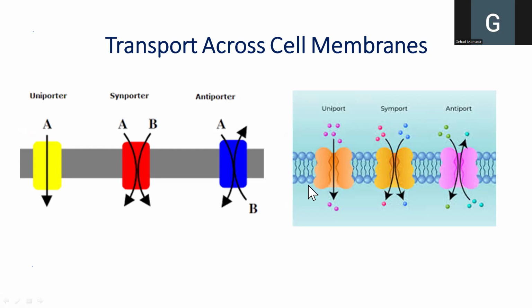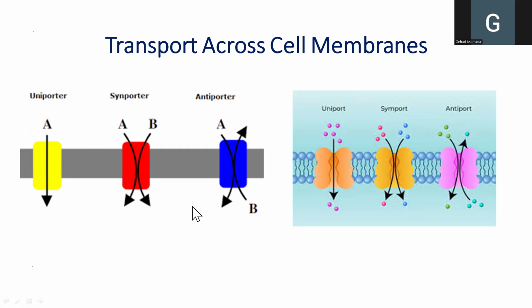So we need transporters across the cell membrane to transport the large hydrophilic or charged substances or to transport the ions. So we will have transporters for ions like sodium ion, potassium ion, that are called the ion channels, and we will have transporters for large molecules that are called carriers.